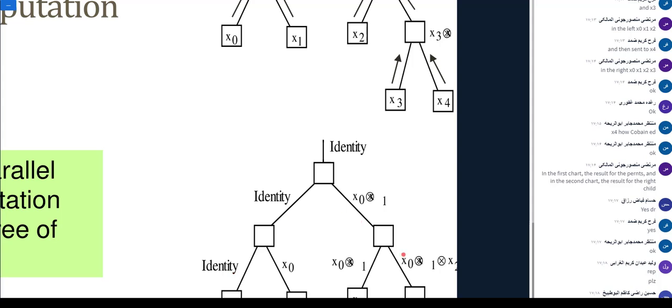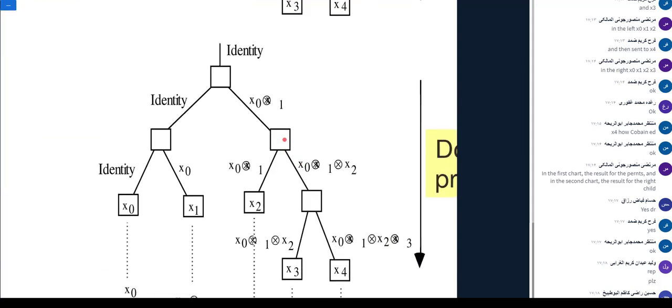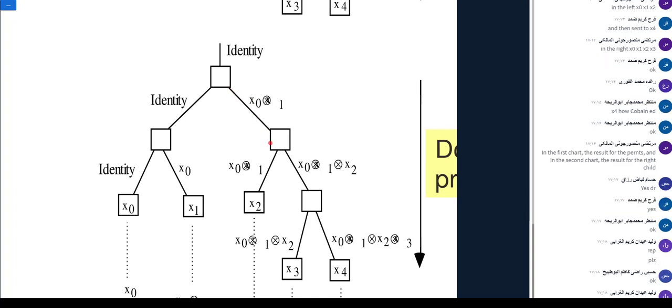How about the right subtree? What is received from up for this one? What is received now from up? X0, X1. Okay, up to left, and the previous left.